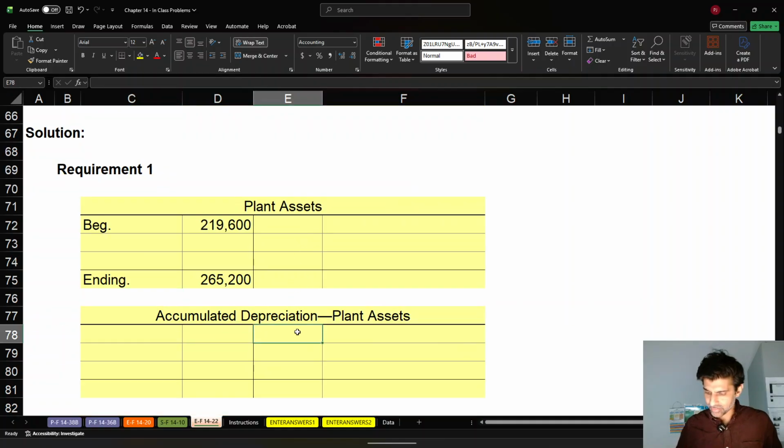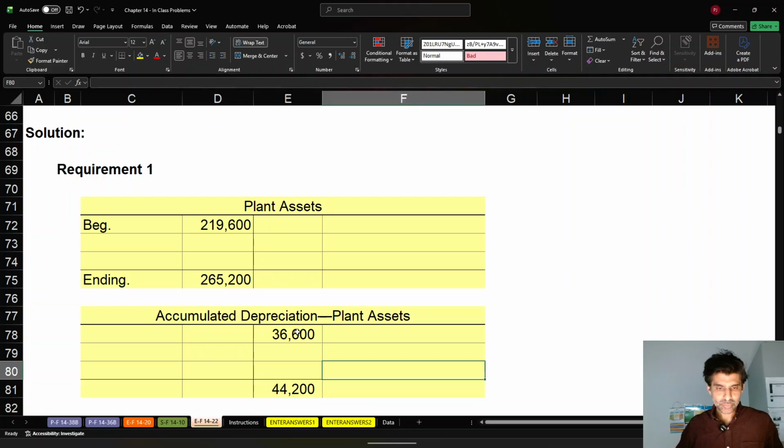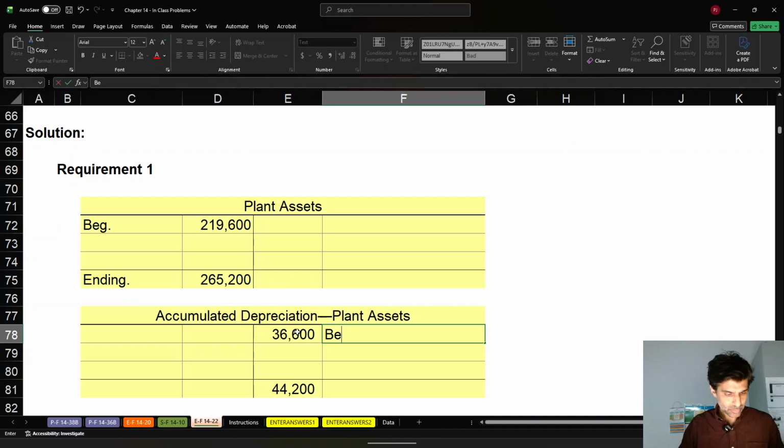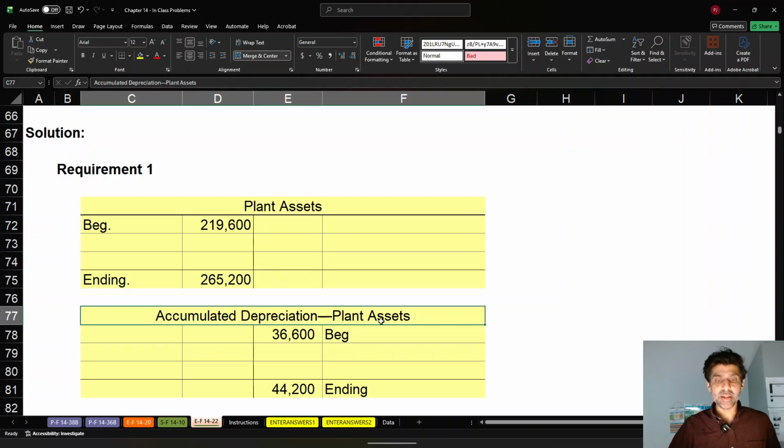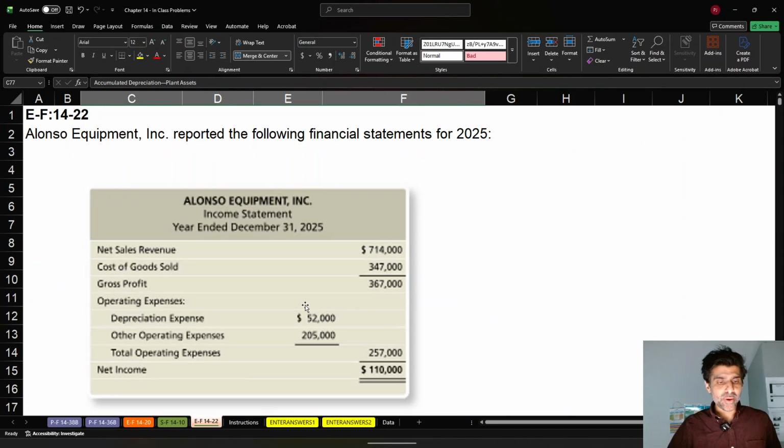This is again a credit balance, 36,600 and 44,200. The other thing I know that happened during this period for accumulated depreciation is, if I look on the income statement, I have a depreciation expense of 52,000.